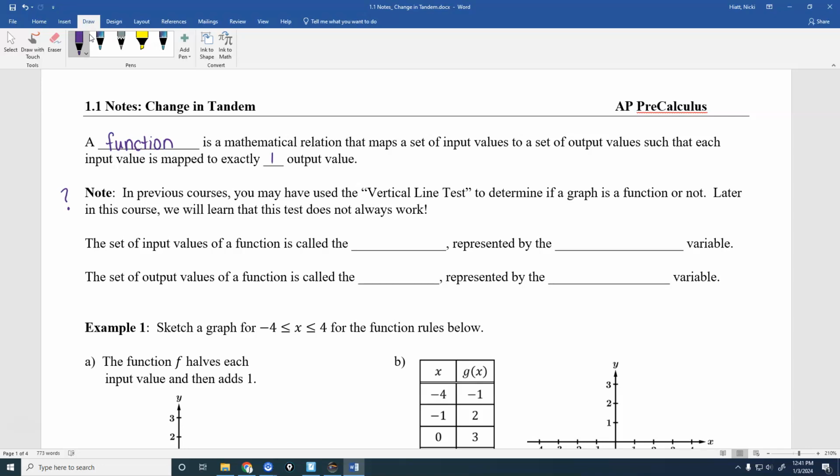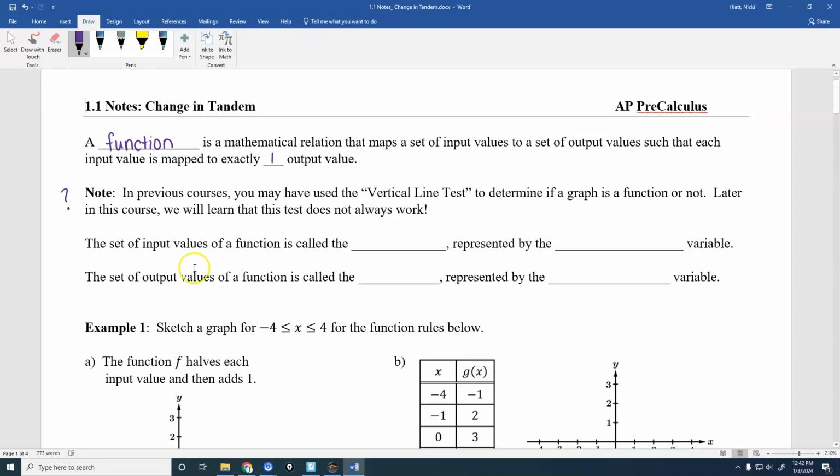I am unaware of this particular scenario. So I left this in here, and maybe later in Mr. Passwater's notes we are going to figure out when the vertical line test does not work. But I'm putting a question mark there and warning you, I don't know when that is. So he must be smarter than me. So hopefully we'll figure that out. But if we don't, I don't think it's going to really impact our lives very much if we just live our lives thinking the vertical line test always works.